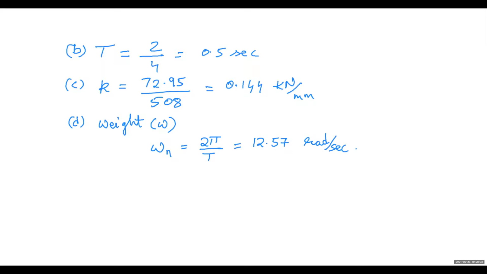So angular frequency will be calculated in radians per second, and the relation between this angular frequency and the mass we have: stiffness K equals mass into angular frequency squared.